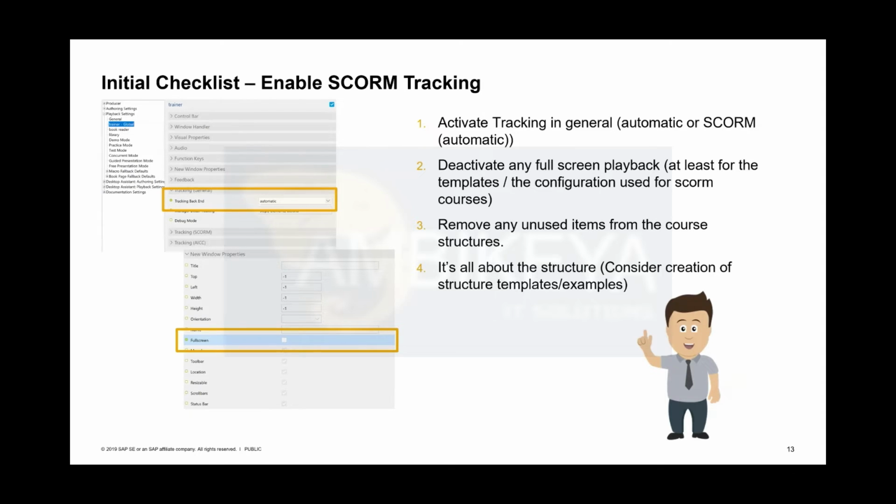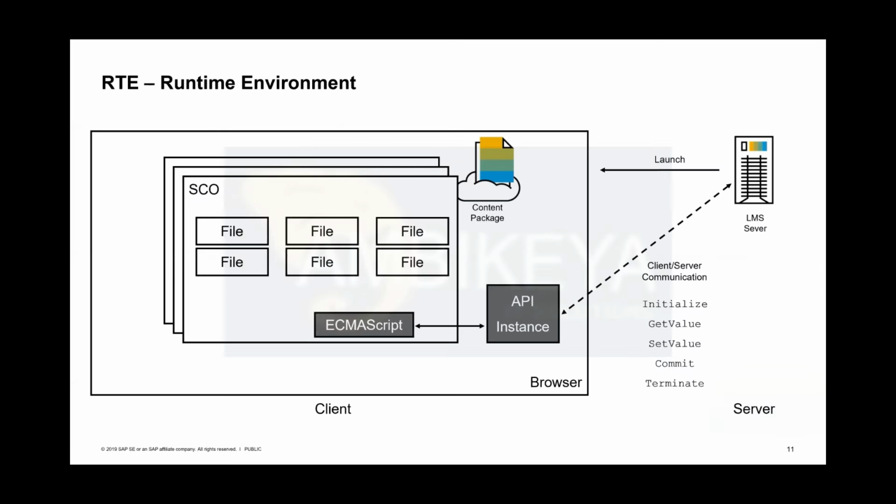So what happens, and this is the fallback in our framework, the browser says, oh no, you are not allowed to put yourself into full screen. So the trainer framework says, okay, then I'm opening a new window, because for new windows pop-ups, the decision is free, because that's executed while the window is initialized, which breaks the SCORM communication. Why is that? Because this needs to be the same window.